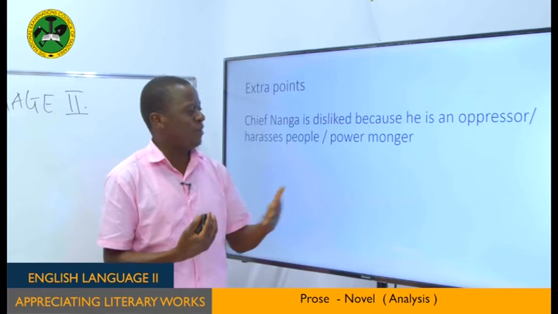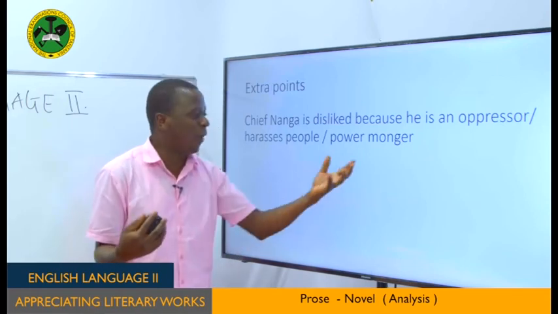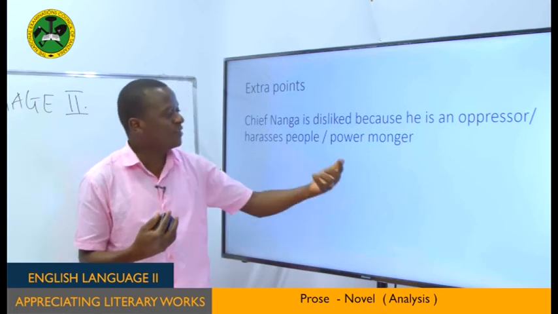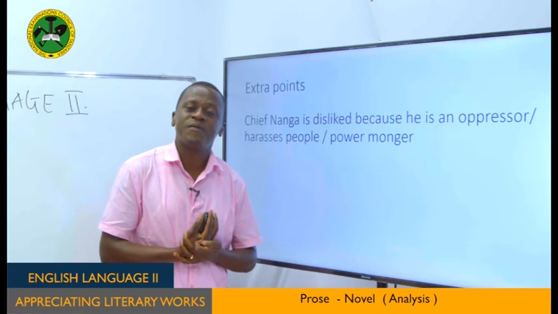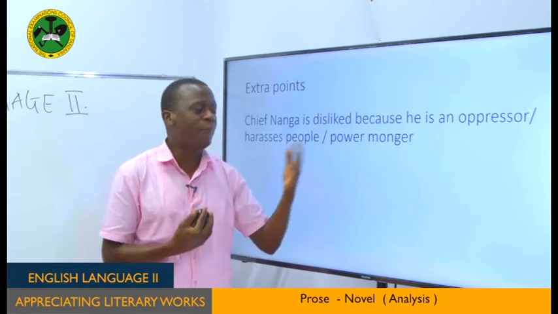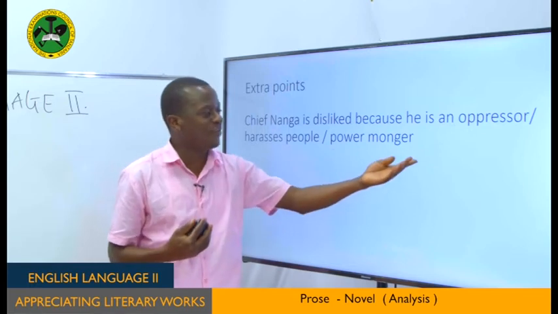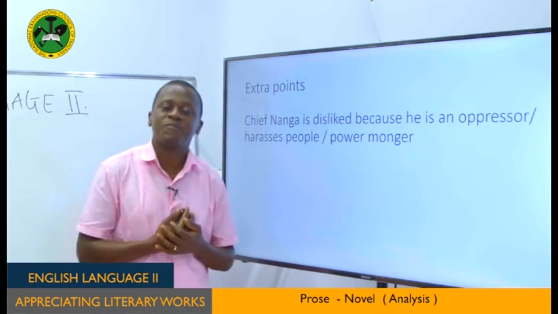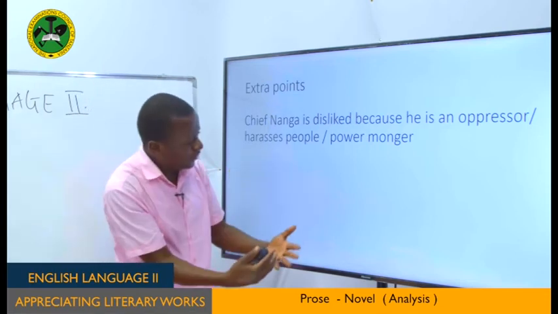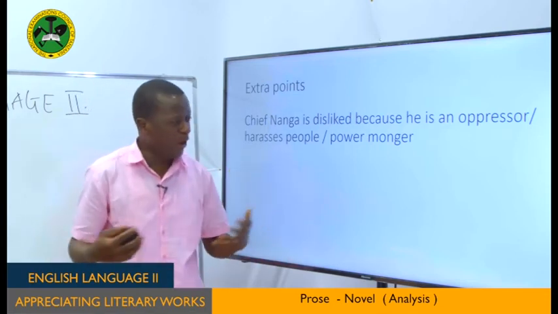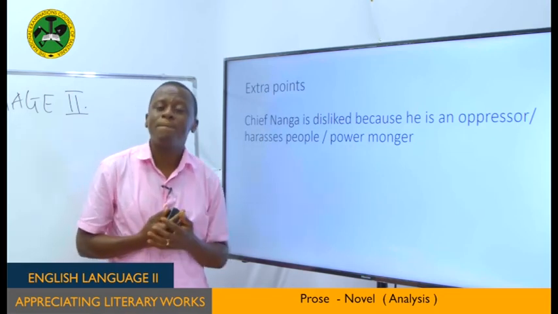That Nanga is able to use every alternative at his disposal to make sure that he maintains his position as a leader, as an MP, even by killing people, beating people. He never gives room for others to contest. He always strives to contest for an election and win without opposition, because he loves power.